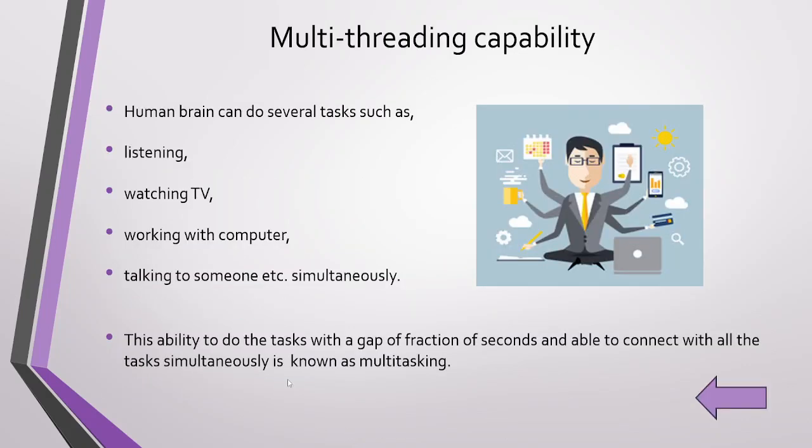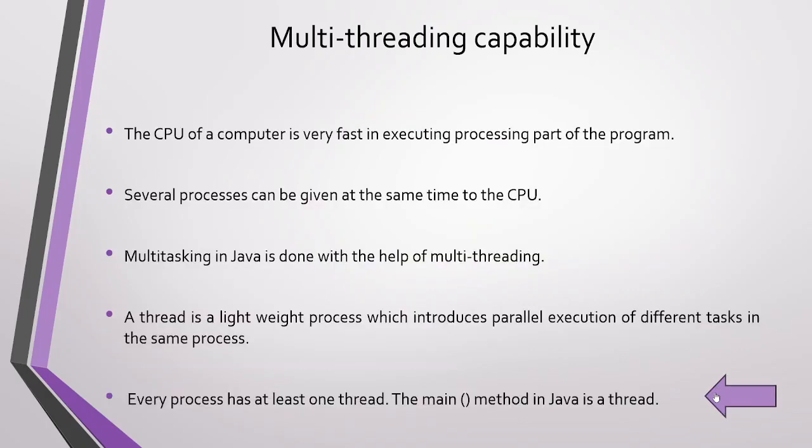And also, it uses multi-threading. Before understanding multi-threading, let's understand multitasking. Our human brain can do several tasks such as listening, watching TV, working with a computer, talking to someone simultaneously, with a gap of fractions of seconds, and this ability to connect with all the tasks simultaneously is known as multitasking. In computers also, the CPU is very fast in executing the processing part of the program.